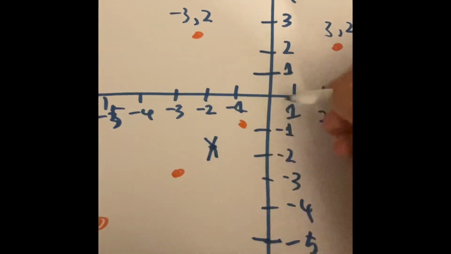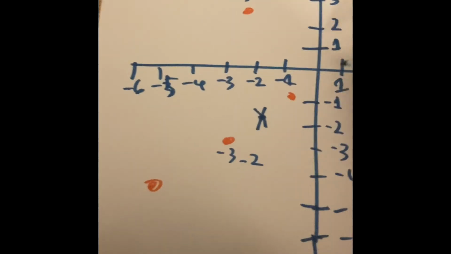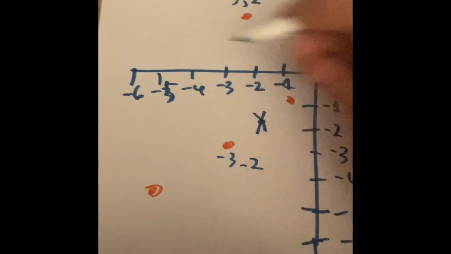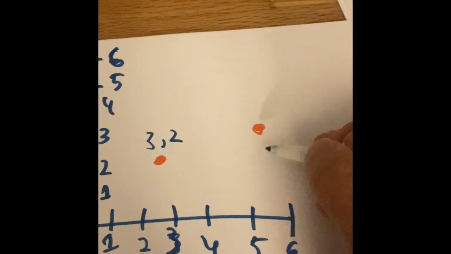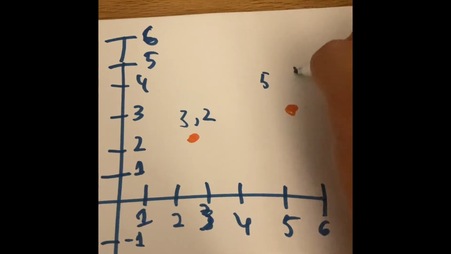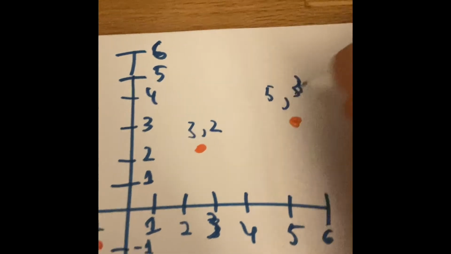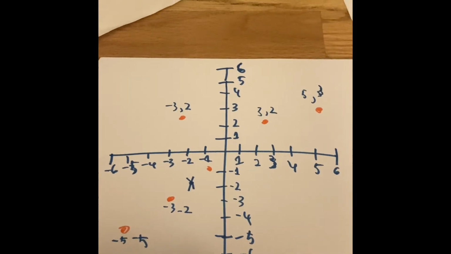And for this one, we have -3, -2. And for this one, -5, -5. And the last one up here, 5, 3. So those are the coordinates of the dots that we placed around.